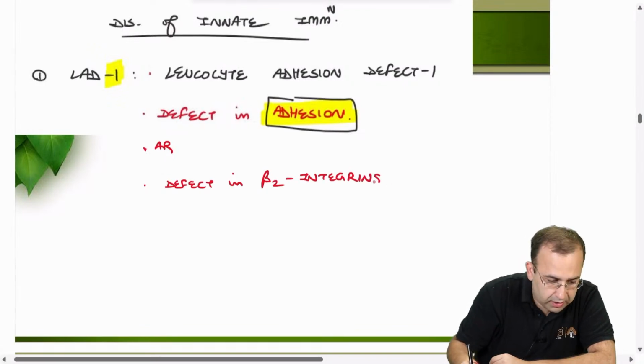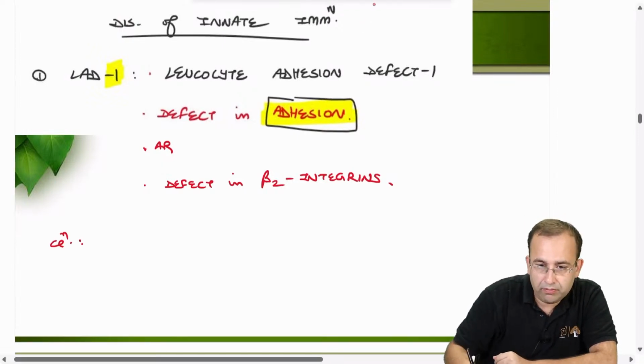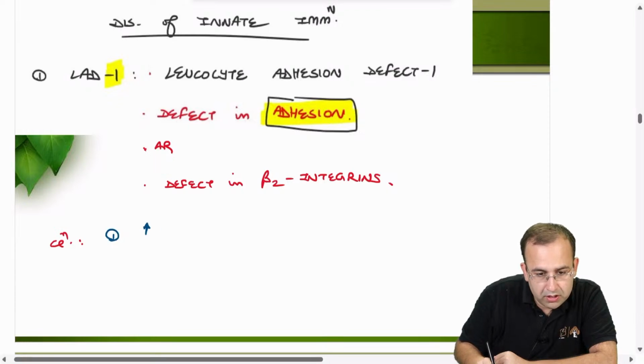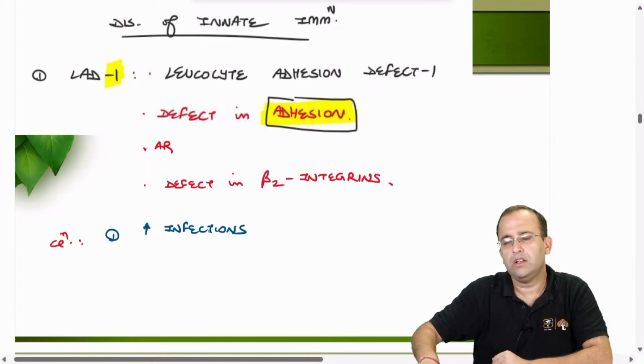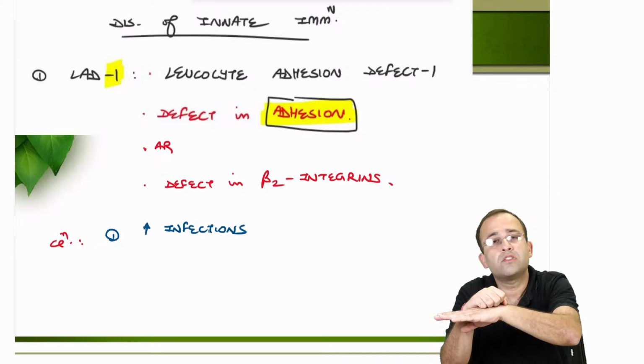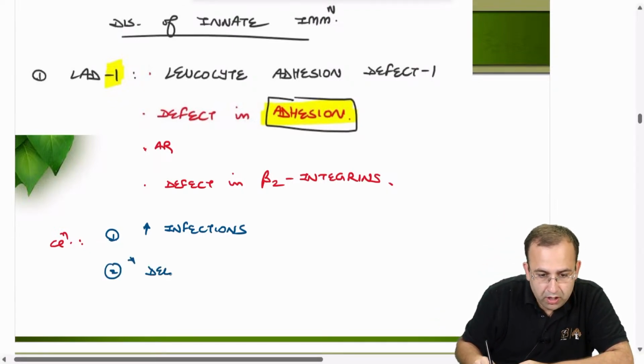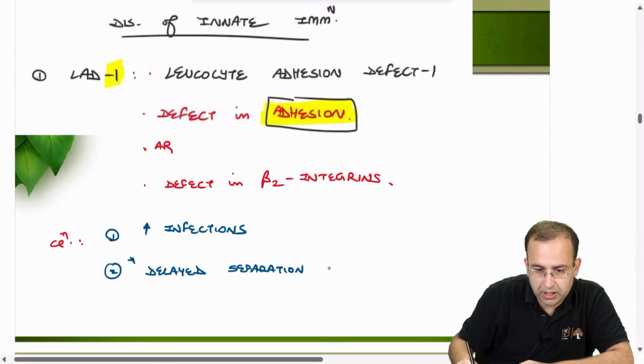Clinically, it is associated with increased risk of infections. Obviously, if adhesion is not taking place properly, the risk of infections increases. Increased risk of infections with, put a star, delayed separation of umbilical cord stump.